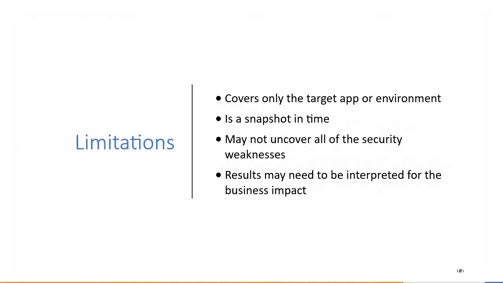Limitations are important to cover with your client. You want to let your client know that testing is only covering a selected environment, not the entire business, that it does not cover all of the ways that information can be exposed, and that it's playing a small role in reviewing a human element. It's a snapshot, or one view, of the systems that you're testing at one point in time.